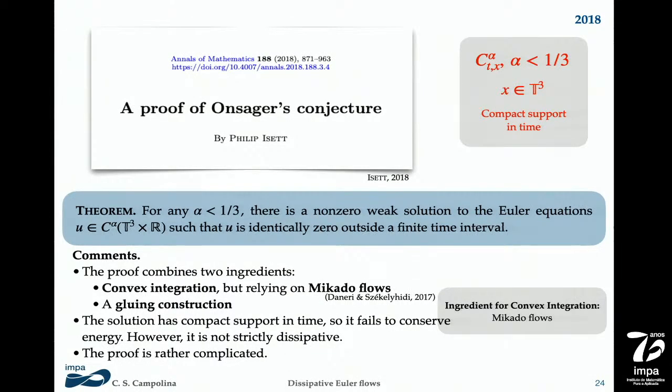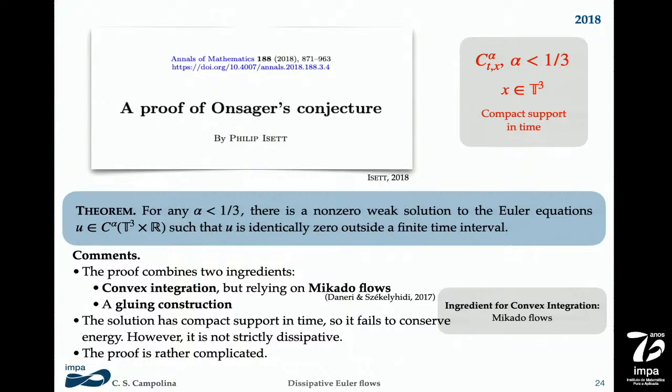So it's Hölder with alpha less than 1/3, both in space and time. It works on the torus, and it has compact support in time. And this is the theorem. So for any alpha less than 1/3, there is a non-zero weak solution to the Euler equations in this regularity, such that u is identically zero outside a finite time interval. So it has compact support in time, but with the regularity required by Onsager.